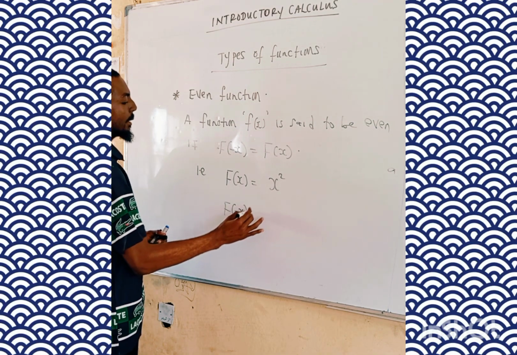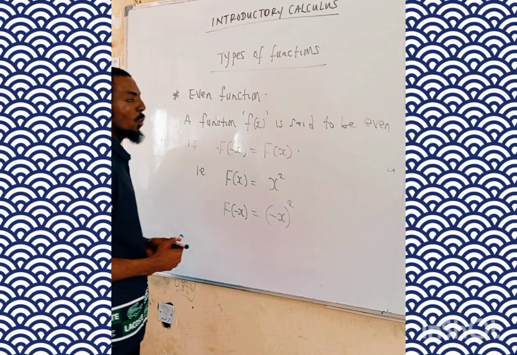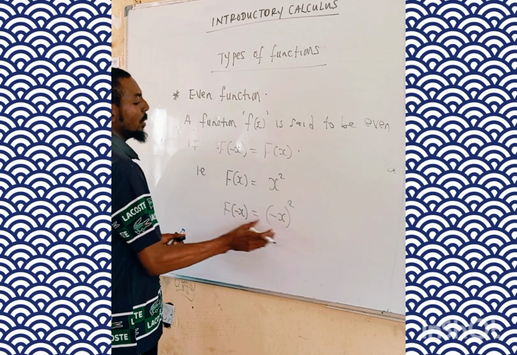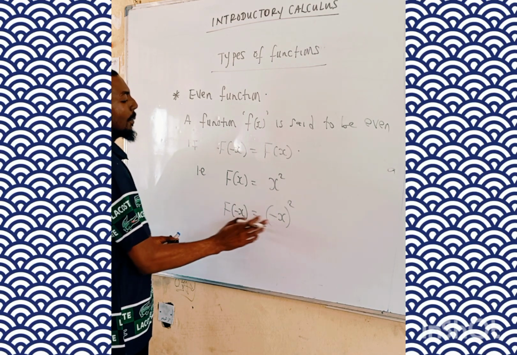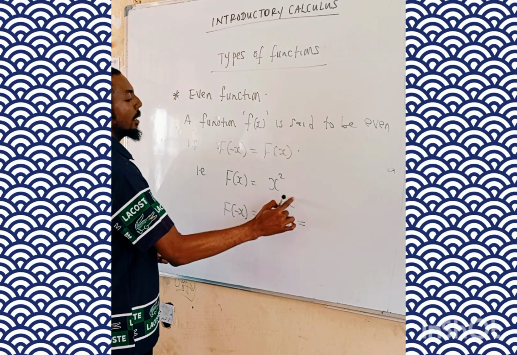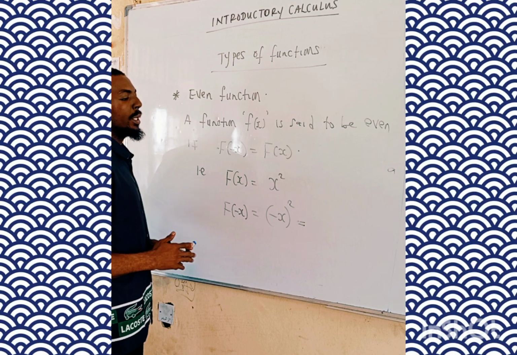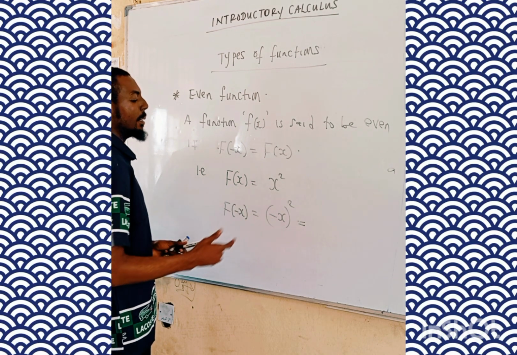f of minus x is equal to minus x all squared, and definitely when you substitute minus x, the x is now having negative, and the negative square is always positive. That's the square of any negative number is a positive number.